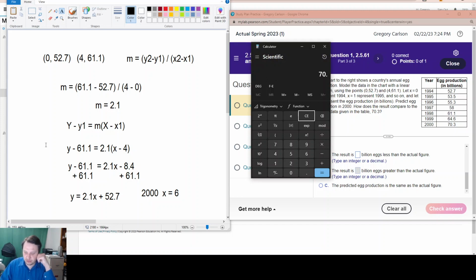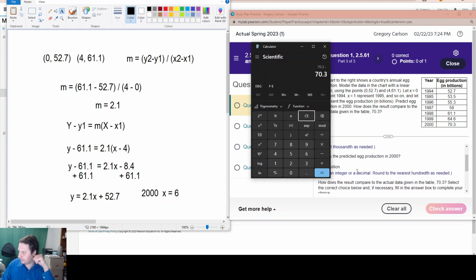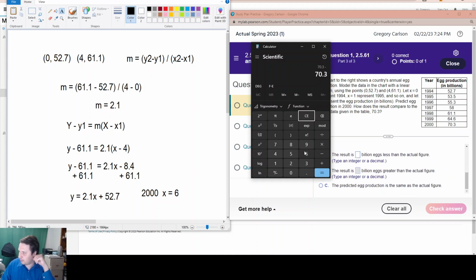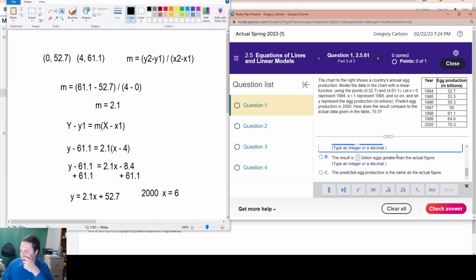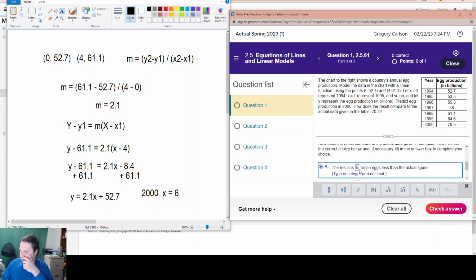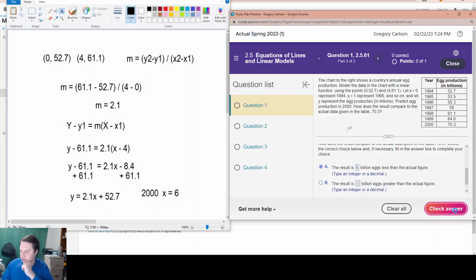So 70.3 was the actual amount minus our prediction, which was 65.3, which is just 5. And if you subtract them in the other direction, that's fine. If you get -5, that's fine. I think because it's saying less than, we should put it in as a positive answer. So we'll see if I'm right or not. The result is 5 billion less than. I think you'll get it wrong if you put in -5. I think you should just put in 5.